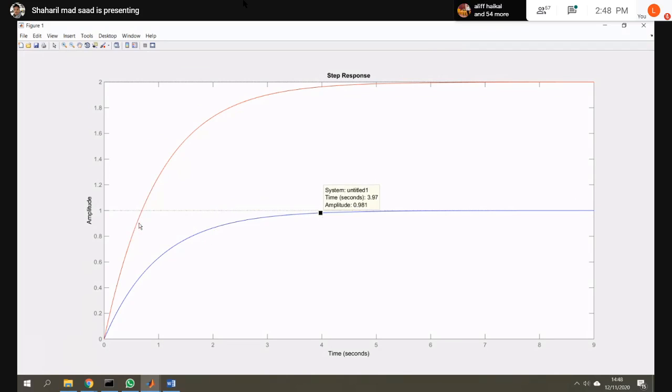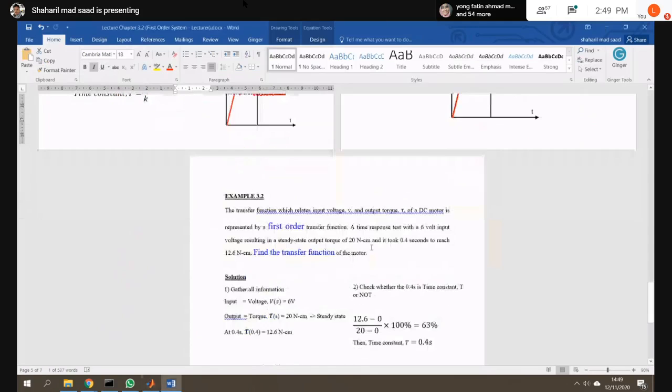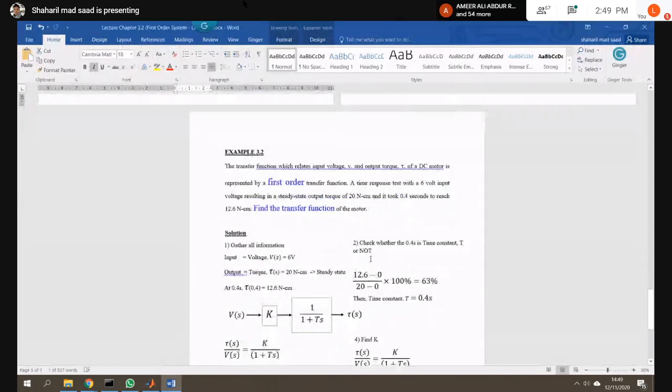This one will take about 0.6 seconds to achieve your desired output, while this one will take about 3.9 seconds. Okay. So this is the first order system. So let's do example 3.2.